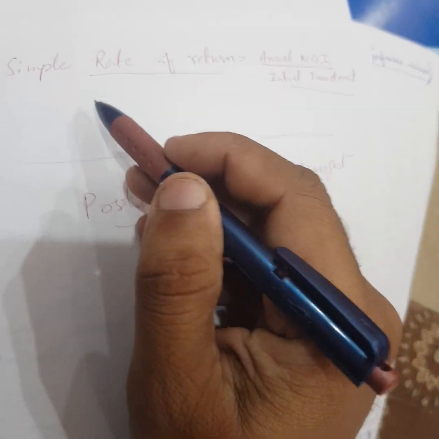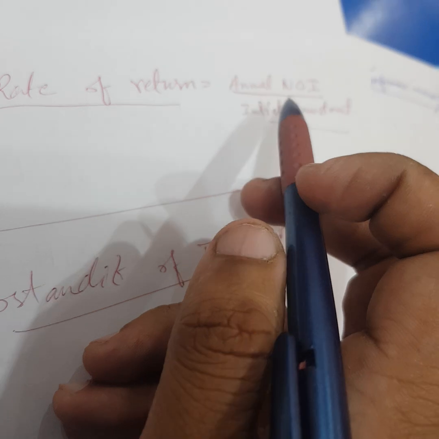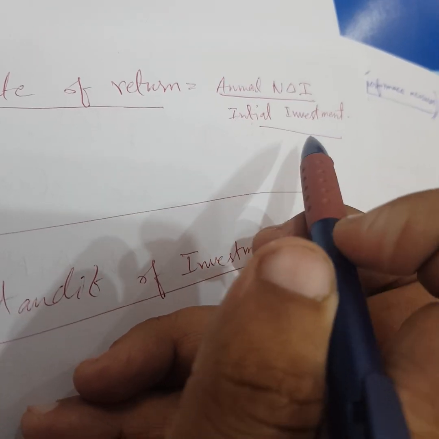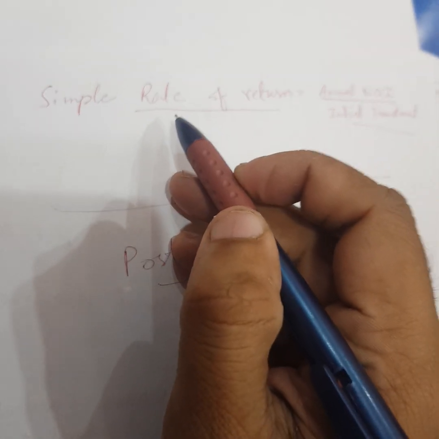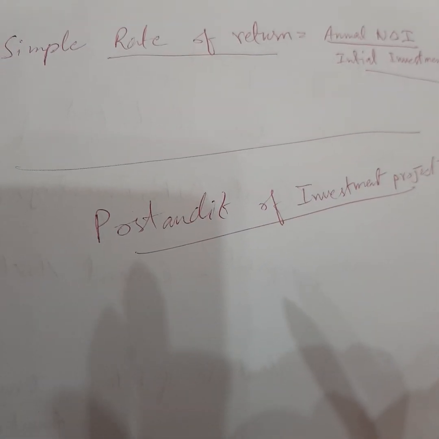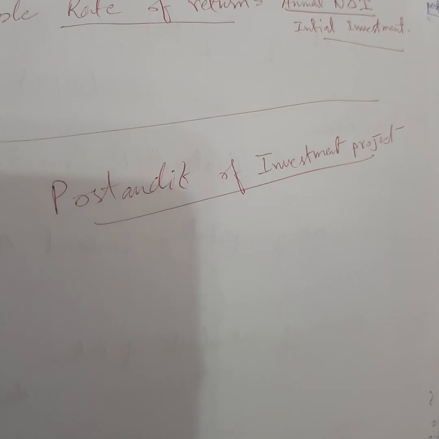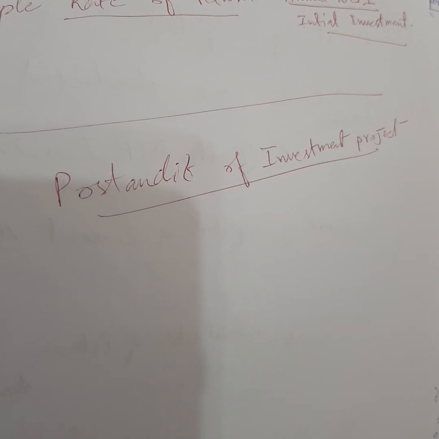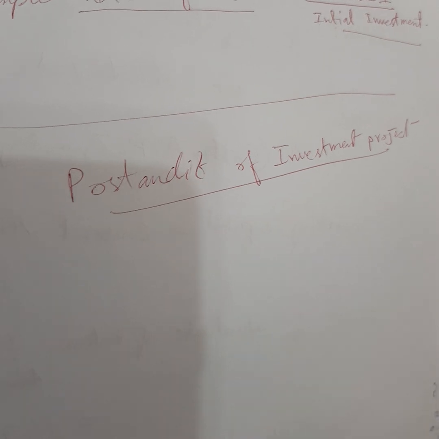Then we discussed the simple rate of return formula, that was annual net operating income and initial investment. By calculating this, we will be able to know the simple rate of return. After it, we discussed post audit of investment projects, whether the results are beneficial, whether the results are acceptable, whether our investment will be helpful in future or not.